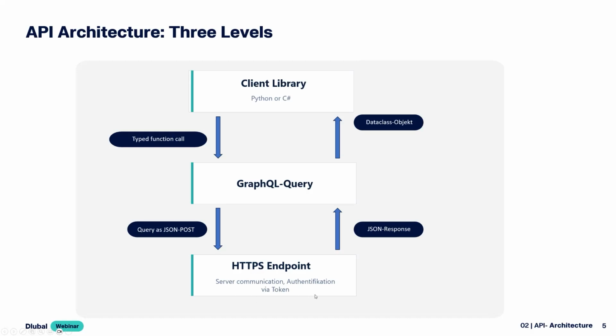This is our server communication, and therefore we need authentication with the token for most of our requests. And now we get from the server a response in the JSON text format, and this will be given out from our client library as a data class object, where we have a key and the value, and can use it directly in a preformed structure that we are using for every data class object we are giving out.